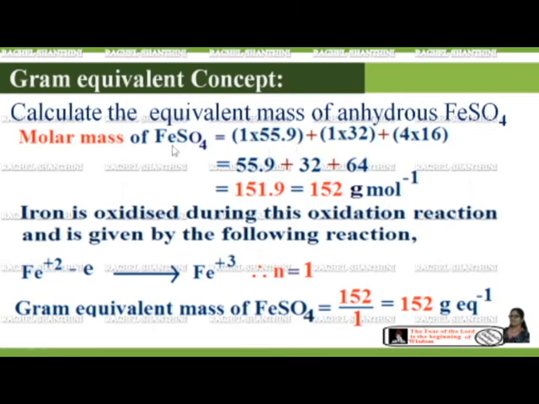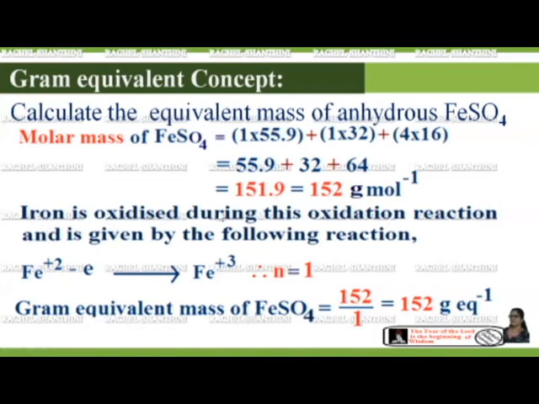Here we have 1 Fe, so 1 into 55.9, plus we have 1 sulfur, so 1 into 32, which is the atomic mass of sulfur, and 4 into 16, and 16 is the atomic mass of oxygen. If you sum up all these numbers, we get the answer 151.9. If we round up this number, we get 152 grams per mole, which is the molar mass of ferrous sulfate.